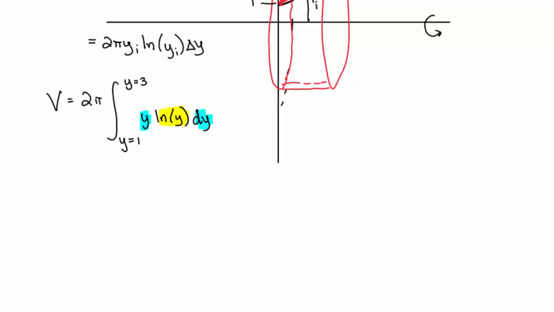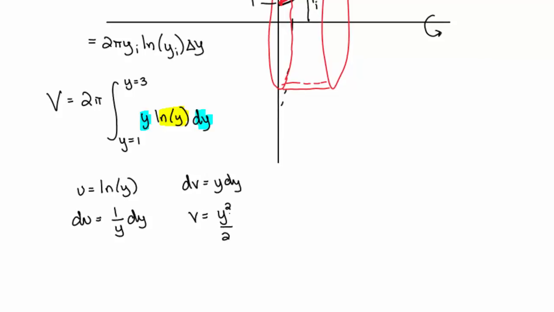So in my by parts method here, because that's the only way to do this, I'm going to let u be the natural log of y, and dv be y dy. The differential of u is going to be 1 over y dy, and the antiderivative v is going to be y squared over 2.